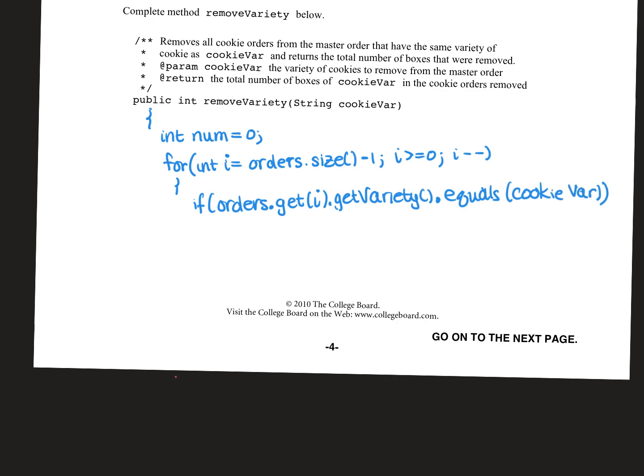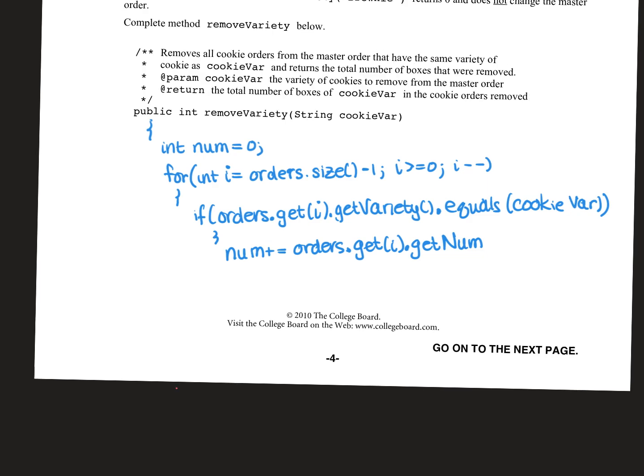If those are equal, then I'm going to go ahead and remove it, but first I'm going to add my cookies to num. So num plus equals orders.get(i).getNumBoxes(). Is it getNumBoxes? I can't remember.